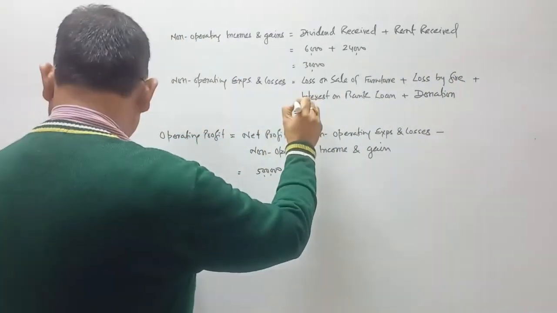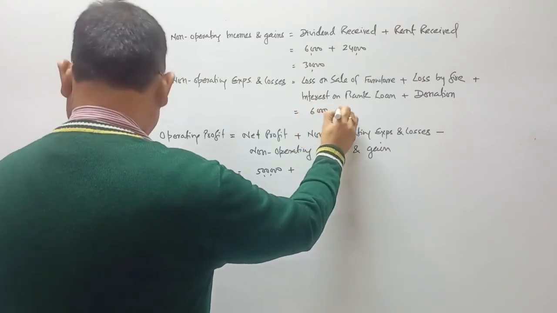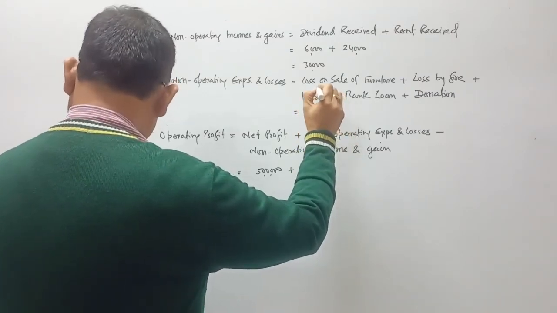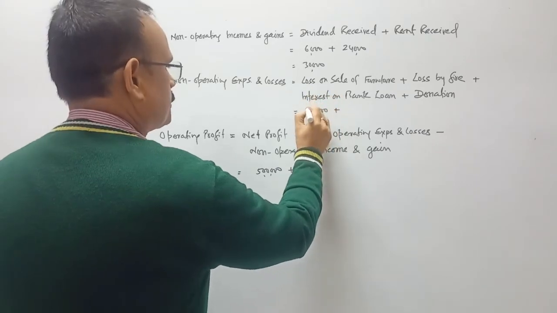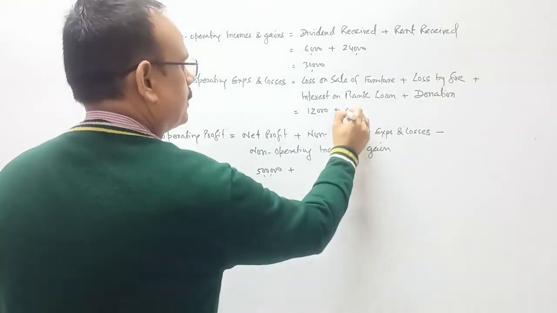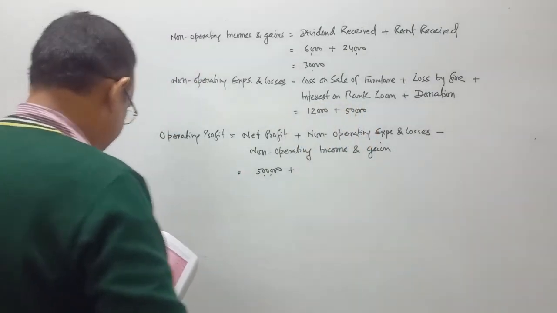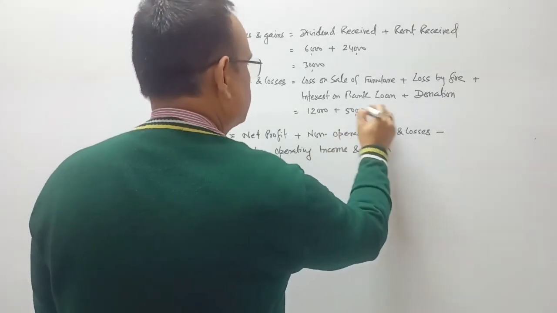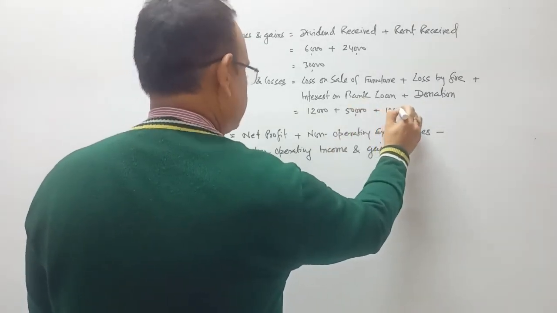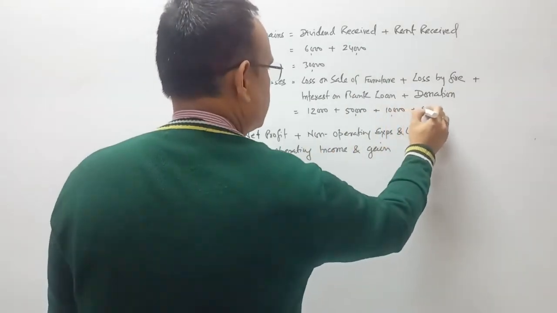So loss on sale of furniture is 6,000 plus 12,000, plus loss by fire 50,000, interest on bank loan is 10,000, plus donation is 5,100.